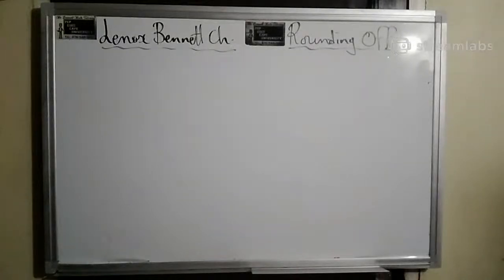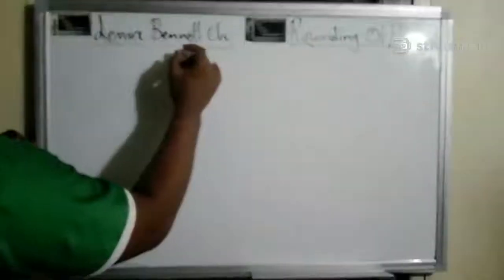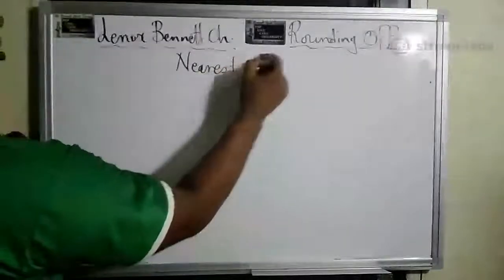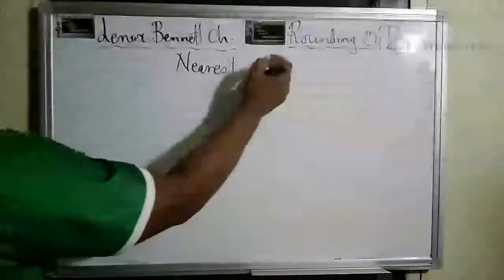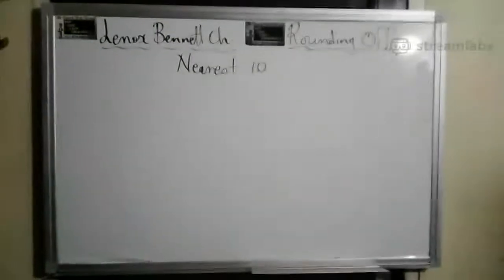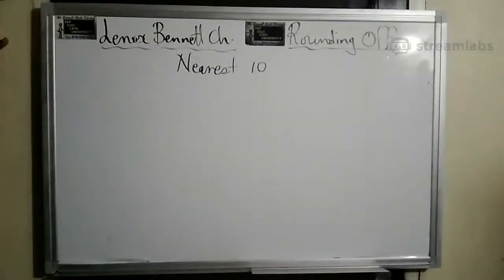Alright, rounding off. At the primary level, we were introduced to rounding off, for example, to the nearest 10. So let us start with that now. As I was saying to one of my students the other day, rounding off is really about distance.